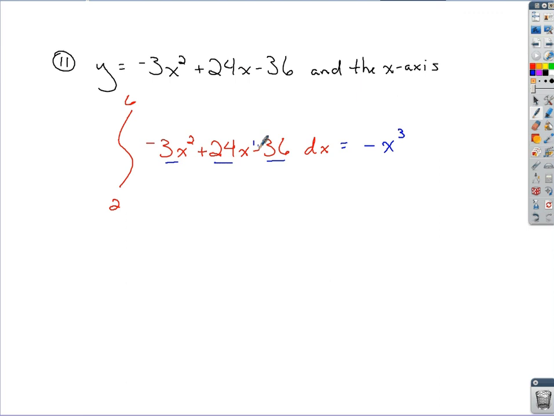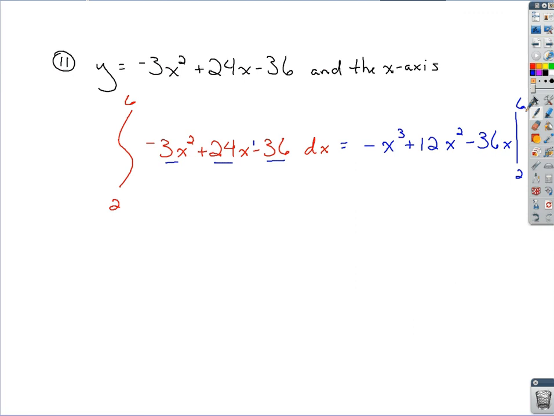Add 1 to my power here, I get x squared. Reciprocal is 1/2, that gets multiplied to the 24 in front, so I've got plus 12 now. Minus, the rule on the constant is just attach the x. Still have to acknowledge the interval we're working on, so there's my interval 2 to 6.